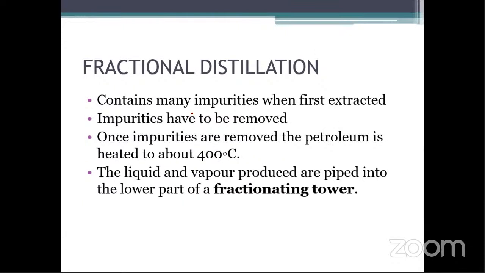So first thing is you have many impurities. So they extract those first and remove the impurities. And once they remove the impurities, then they heat the petroleum to about 400 degrees Celsius. Then the liquid is put into what they call a fractionating tower.